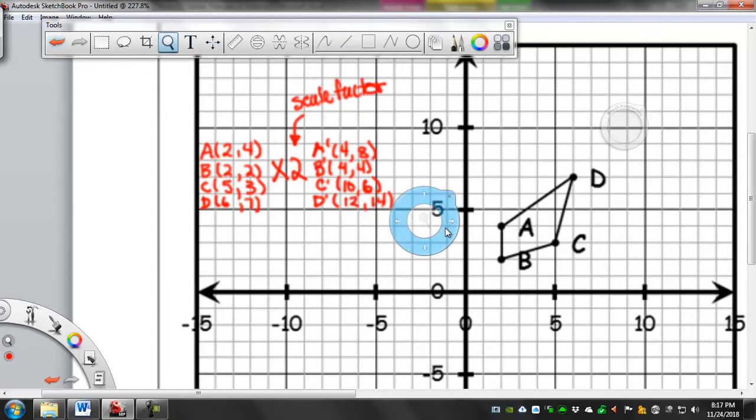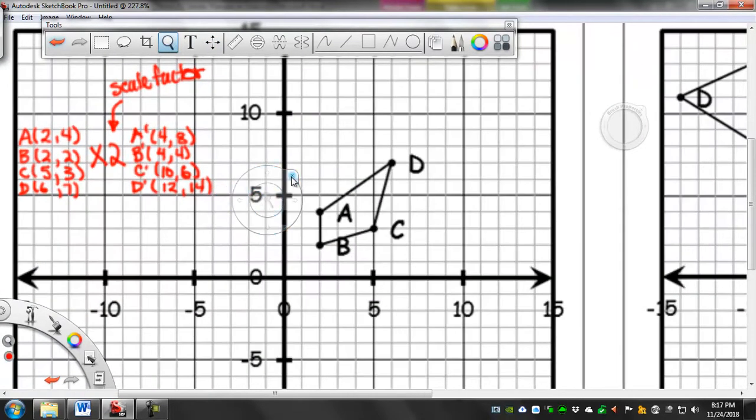So now let's go ahead and draw our ordered pairs, or draw our new image. A prime is 4 and 8, so there's 4 and there's 8, there's A prime. B prime is 4 and 4, there's B prime.